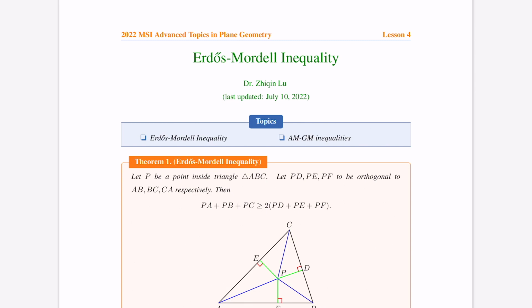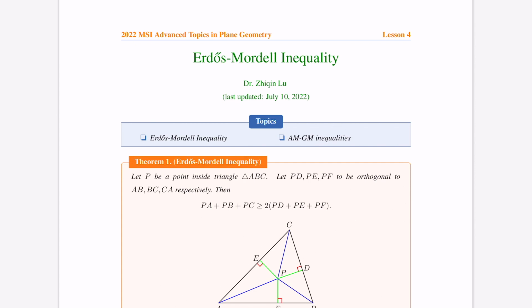Because of these two reasons, it is worth introducing this topic to you. But there's an even more important reason for me to generalize this inequality. There are a lot of open problems. If you are interested, you can talk to me further, or you can investigate and do research by yourself.